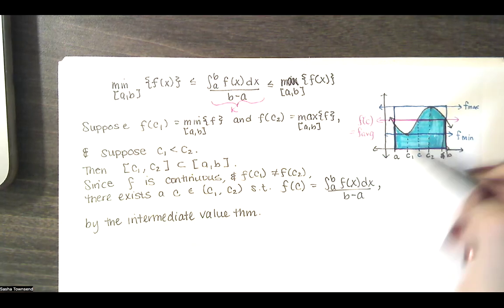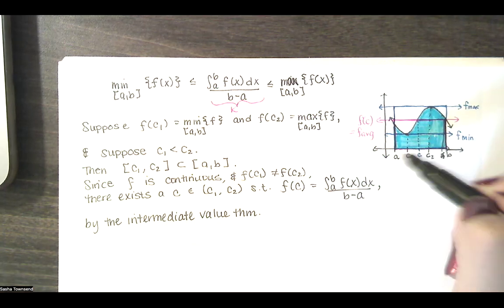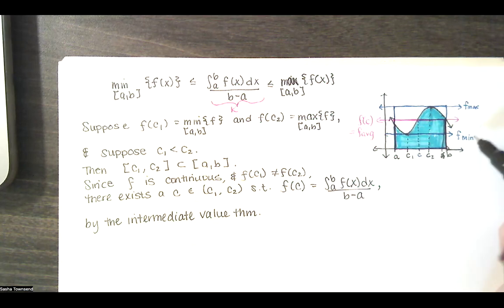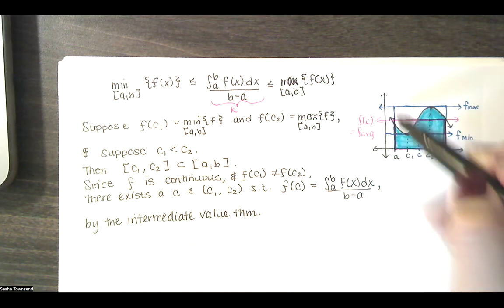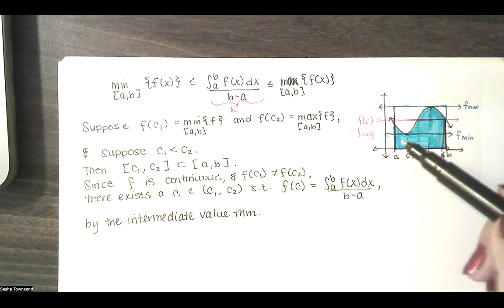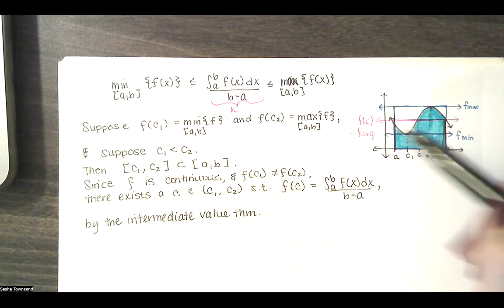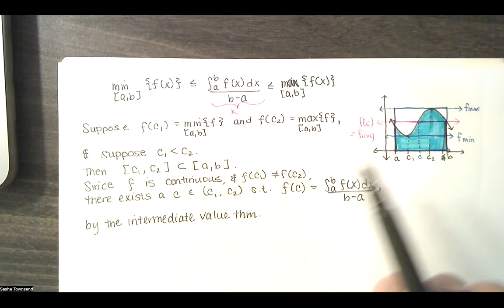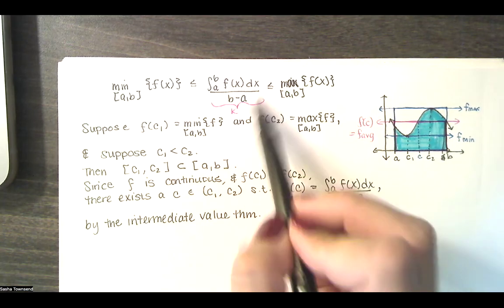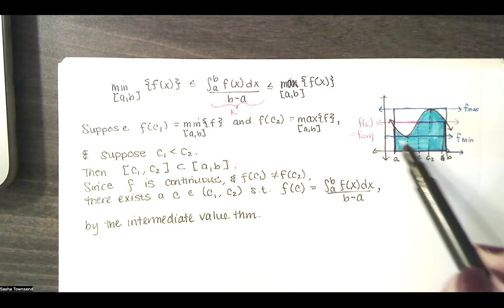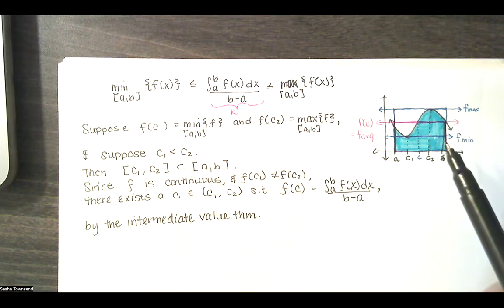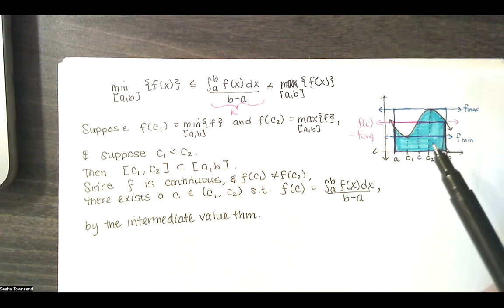So that blue area is squeezed in between, and we say, well, there has got to be an average height between these two heights, or there has to be a y value, or if we're trying to find an x value that corresponds to this y value, well, there has to be one because our function is continuous.